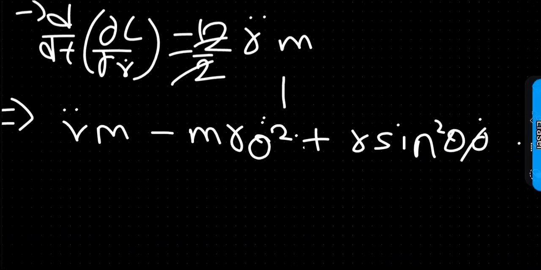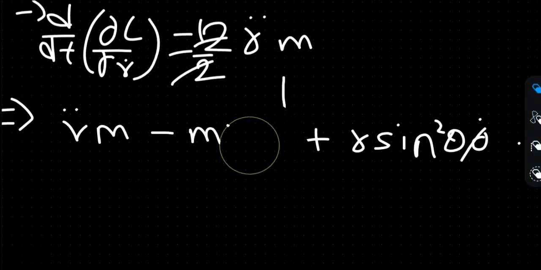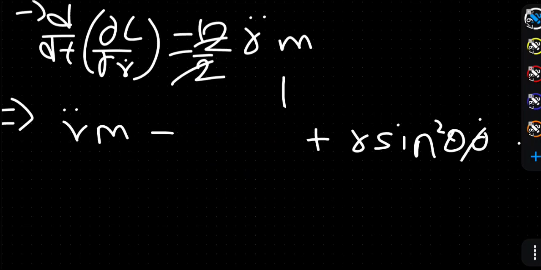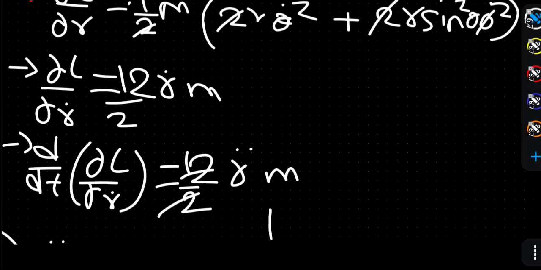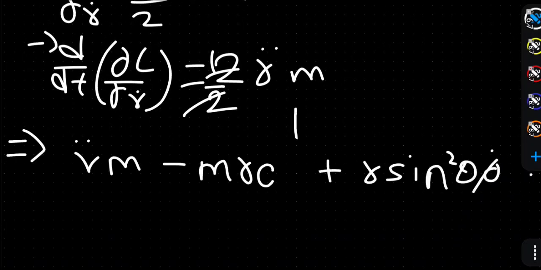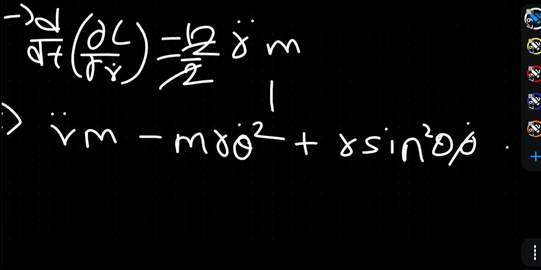So here let me clarify, it is not this, let me write it as m r θ̇², okay, m r θ̇². So this is our equation, and after this we will cancel m, and here it should also be m, I have not written it, sorry.